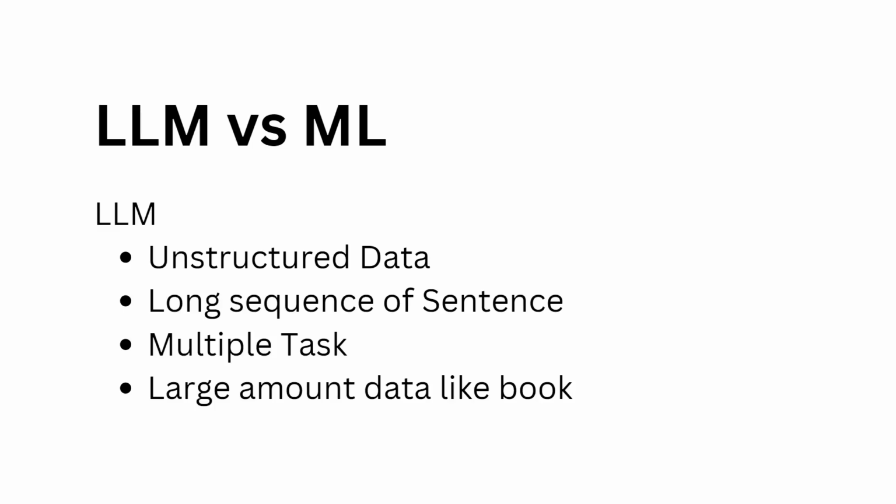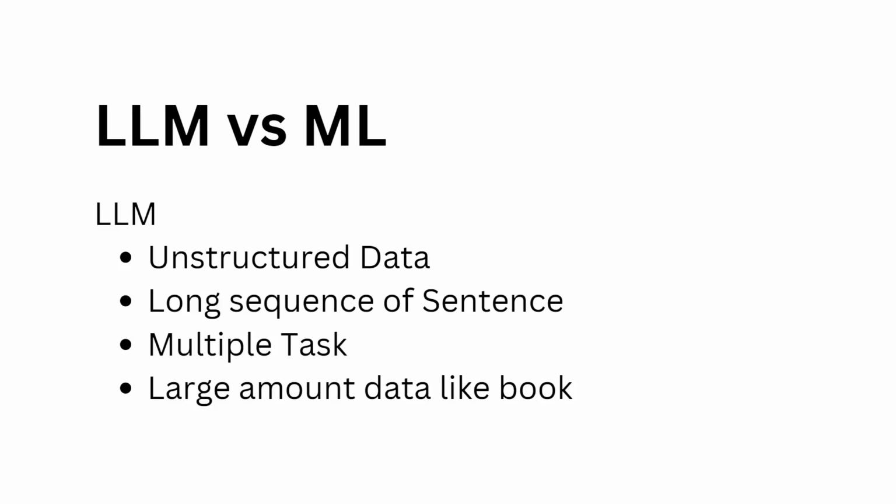Another disadvantage is that traditional machine learning cannot take a long sequence as input, as it can forget, or sometimes the algorithm cannot process it. That is why the large language model arrived, which can take any length of input.